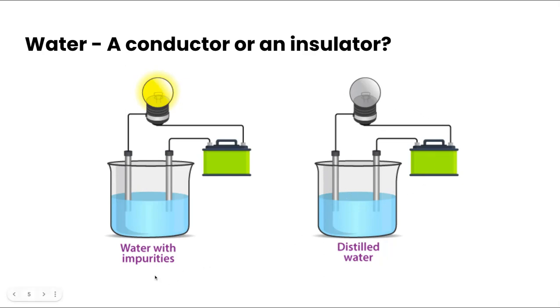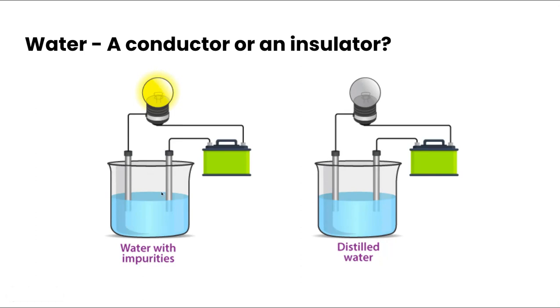Now, most water has impurities in it. So it has different minerals, things like magnesium or calcium or copper, all kinds of different minerals that are actually really good conductors. And so our tap water or any other water that has these minerals in it, even in nature, turns water into a pretty fair conductor.